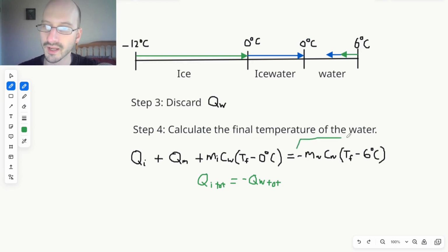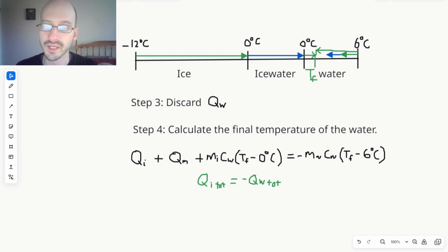On the right, we have the net amount of heat lost by the water, which is something like this. And here's our final equilibrium temperature. All right, from here, the algebra is basically the same as with the previous example we looked at.